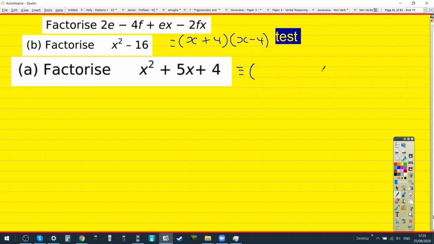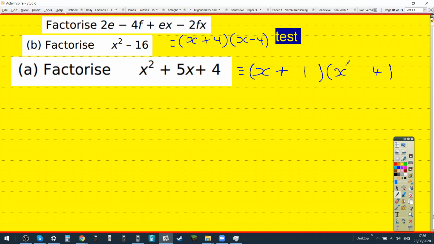Okay, so times to get 4, I need to add to 5. So it'll be 1 and 4. So it'll be x plus 1 and then x plus 4.